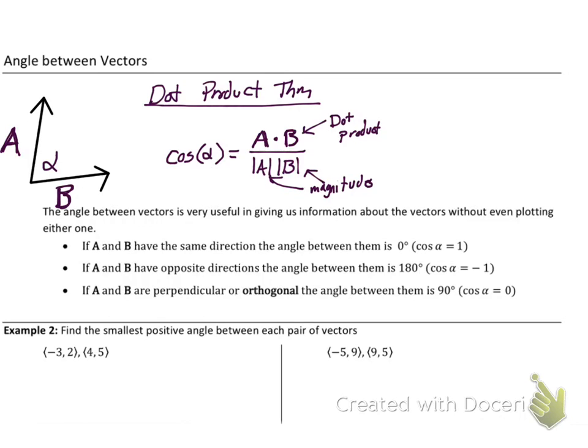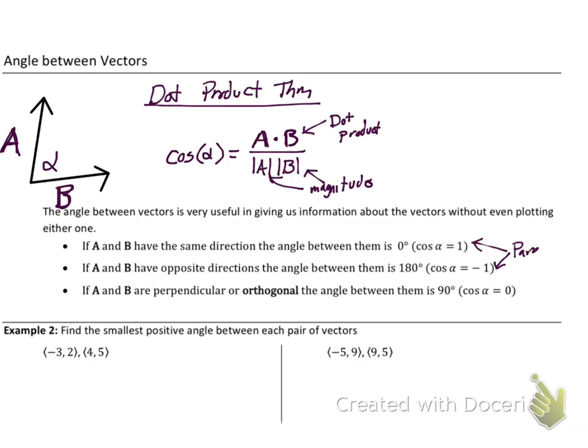Also, if A and B have opposite directions, that means they're parallel, but they're going in opposite directions, kind of like that guy. The angle between them is 180 degrees, so that means your cosine is going to equal -1. So if you get out 1, or if you get out -1 from this, you're going to know that your lines are parallel.